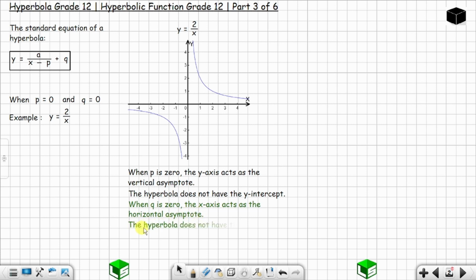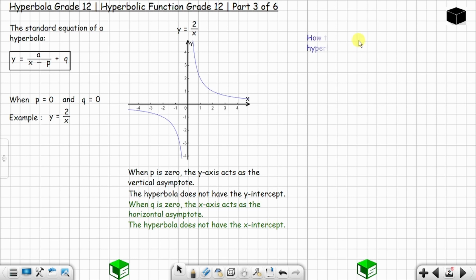And again, the hyperbola does not have the x-intercept, because now the x-axis is acting as the horizontal asymptote. So this hyperbola is not going to cut the x-axis. The hyperbola will not have the x-intercept because the value of q is 0 and the x-axis acts as the horizontal asymptote. Okay, let's carry on.